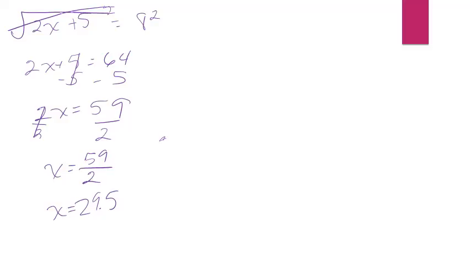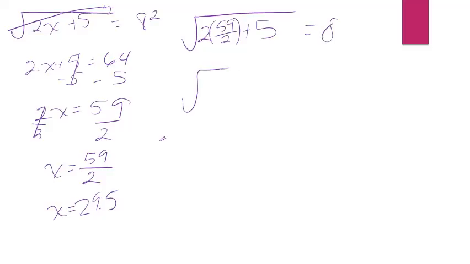So let's go ahead and check this and see if it actually works. 2 times 59 over 2 plus 5 equals 8. So let's go ahead and multiply this out. 2 over 1 times 59 over 2 plus 5.